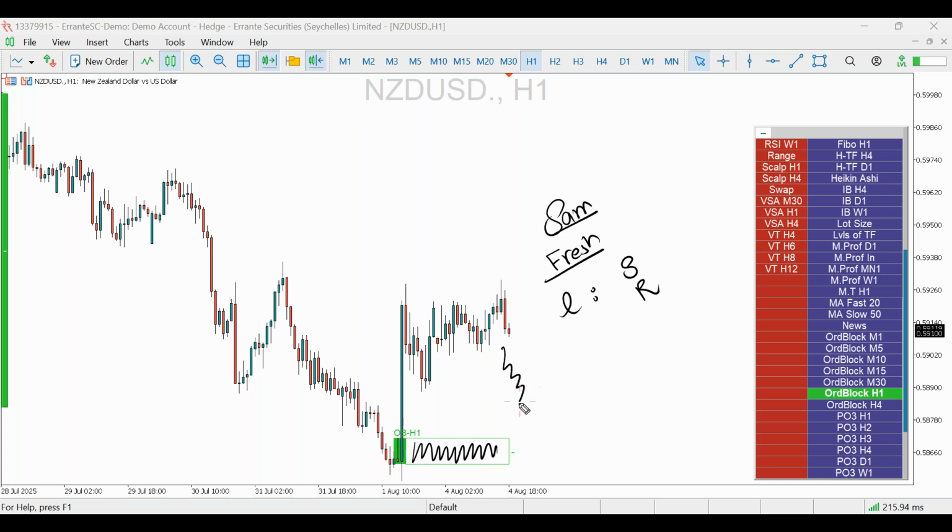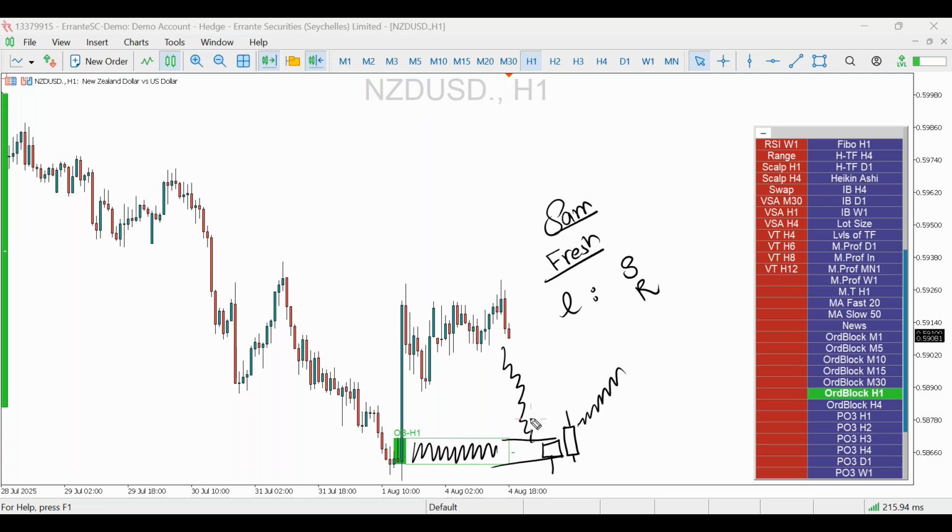So now if the market moves down towards this level and it makes some sort of a pin bar over here, a hammer or inverted hammer, I don't know all the patterns, or some sort of a bullish engulfing pattern, then you can expect the market to move upward, and you will have a confirmation on your side that you have entered a fresh zone of support and resistance. Okay, this is important.